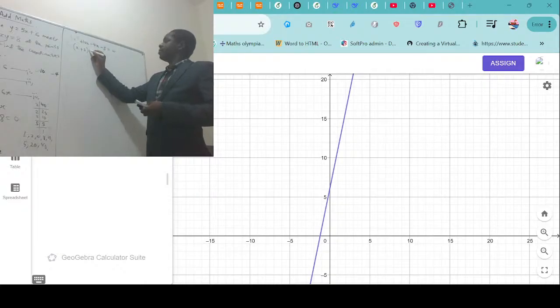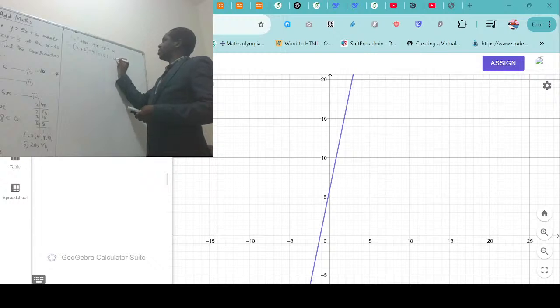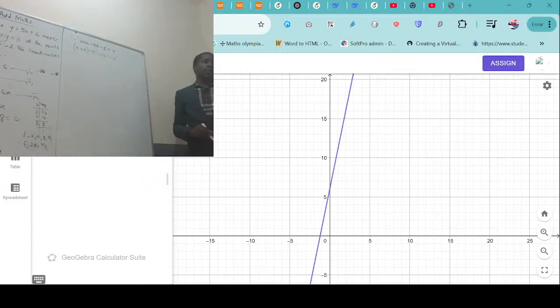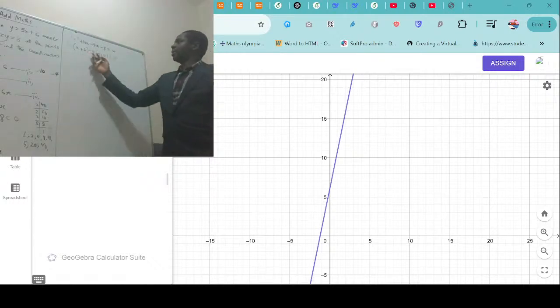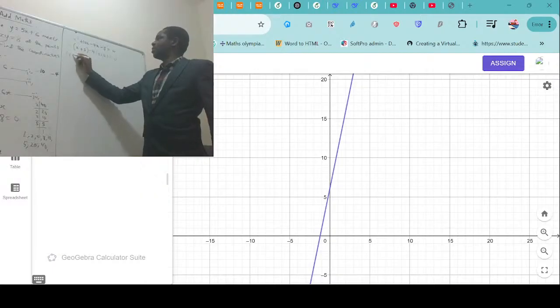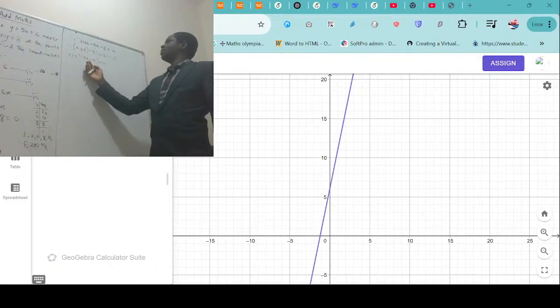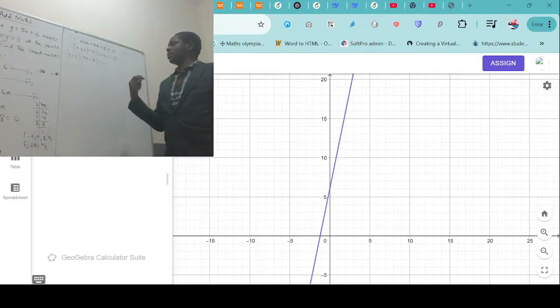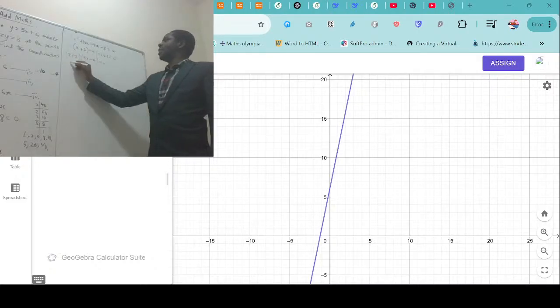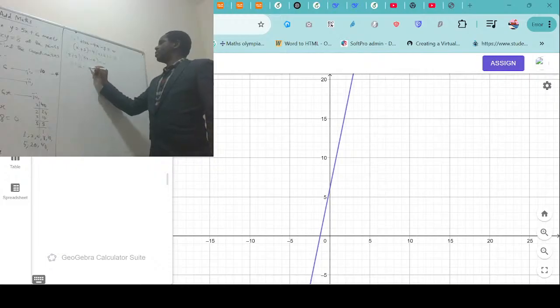Negative 4. Negative 4 into x plus 2 is equal to 0. Do you see that? So what is common again? x plus 2 is common. So x plus 2 multiplied by 5x minus 4 is equal to 0. So if the product of two numbers is equal to 0, it means either x plus 2 is equal to 0 or 5x minus 4 is equal to 0.